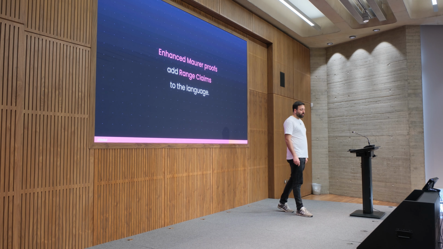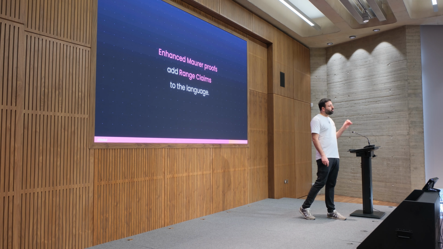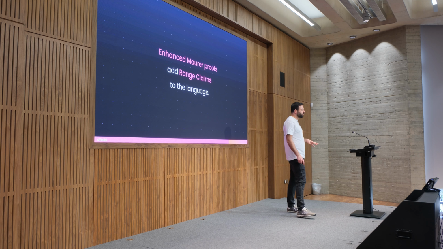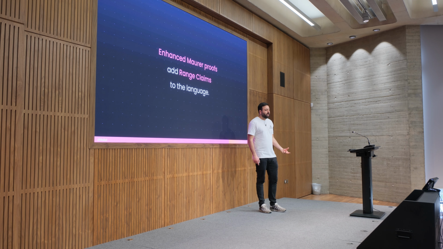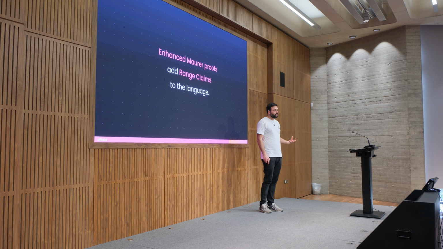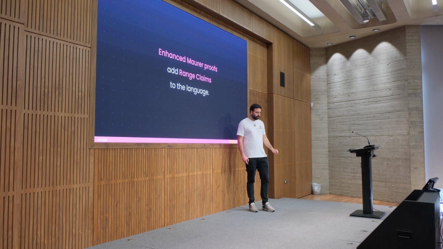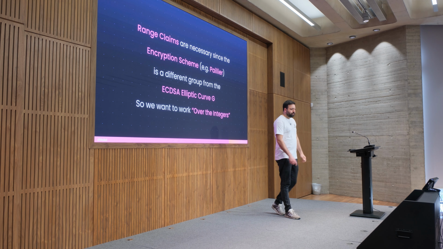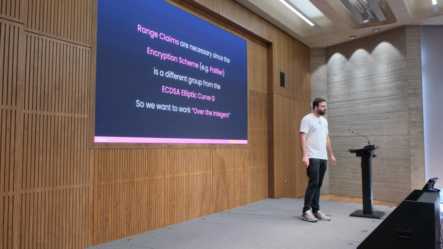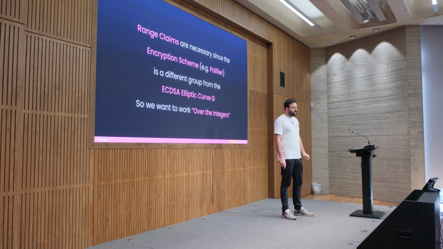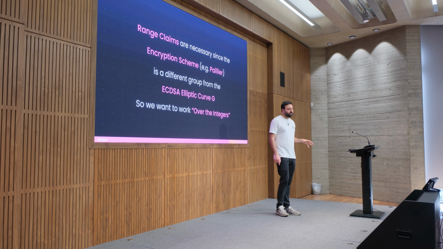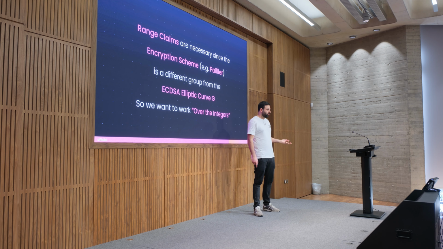And we use enhanced Maurer proofs, which add range claims to the language. And that's the novelty that we have, that we wanted to add range claims to the language. So it's no longer a strict homomorphism because of these range claims. But why do you need them? First of all, encryption schemes like Paillier work in a different group than the elliptic curve group that you're going to do the signature in.